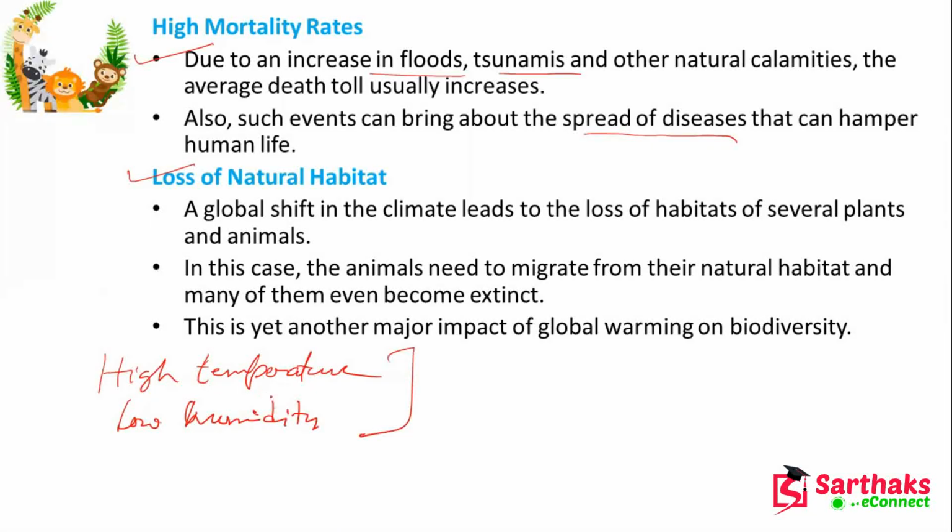So they will try to migrate from one place to another. If they migrate, there is a possibility of the extinction of those species, and this is another major impact of global warming on biodiversity. So if there is extinction, that means there will be an effect on the biodiversity.